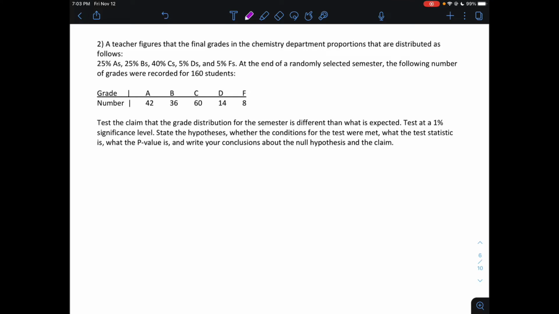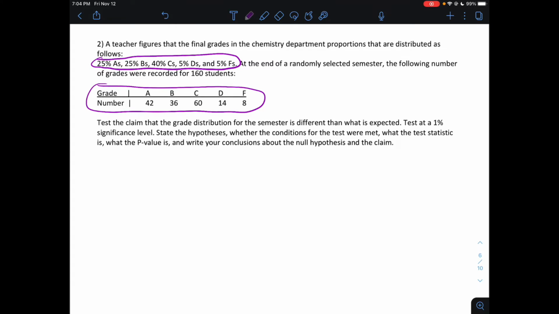Test the claim that the grade distribution for the semester is different than what is expected, meaning this is what was observed, but what was expected was what was given before. Test at a 1% significance level, state the hypotheses, whether the conditions for the test were met, what the test statistic is, what the p-value is, and write your conclusions about the null hypothesis and the claim. Very similar directions to the previous question.